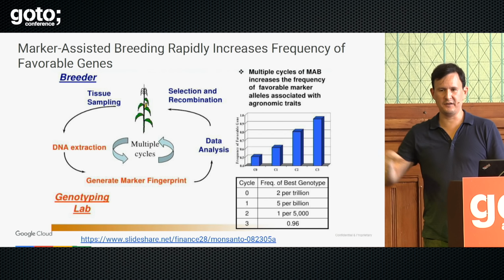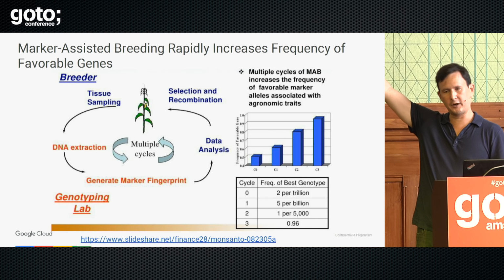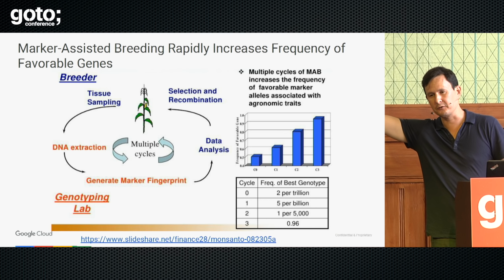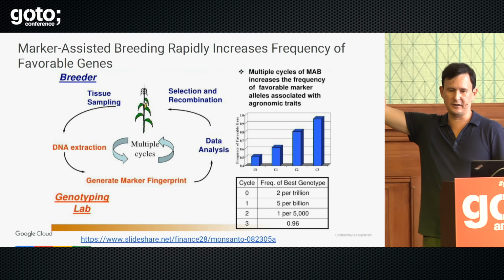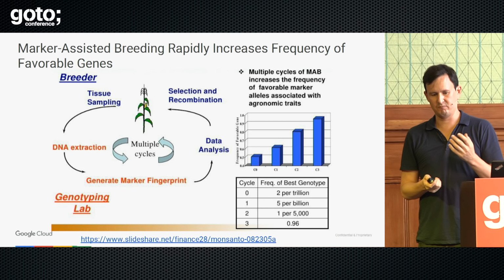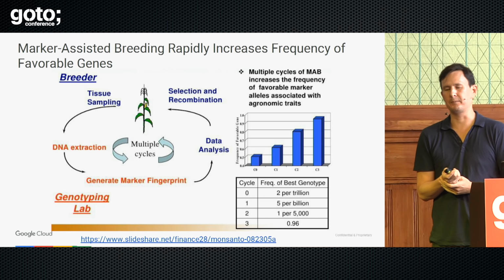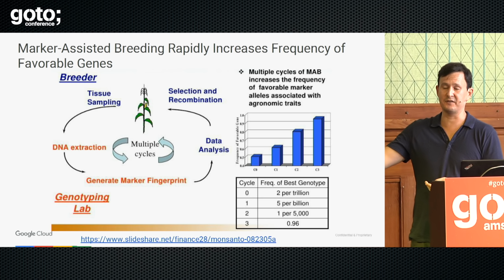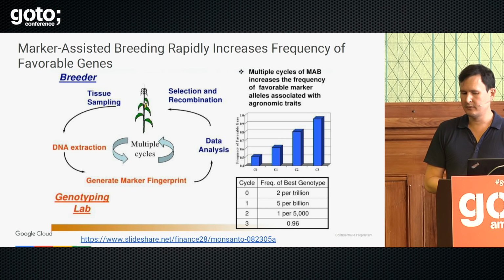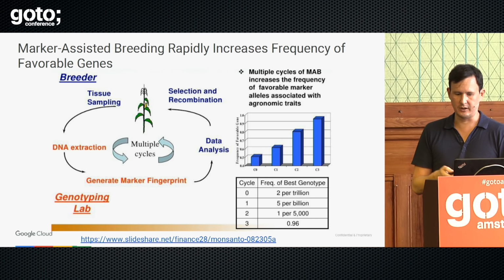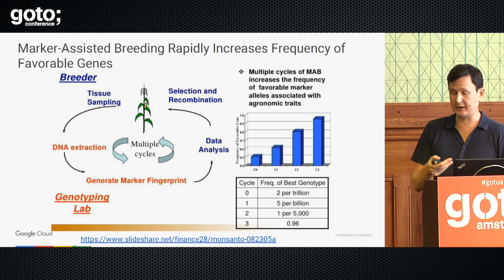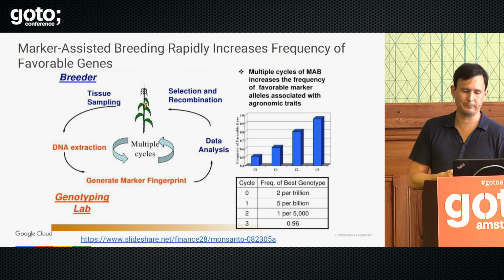But if we start doing this kind of process where we incorporate the information of the genetic markers into the process, that becomes very high-resolution information and can be highly predictive because it's the genetic basis for the phenotype that you're observing. So this is what's happening today, and this is how we're keeping up with this exponential growth that the economy demands to make sure that we keep making enough food, right?